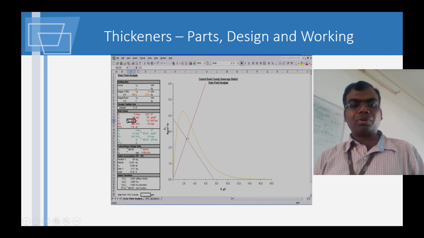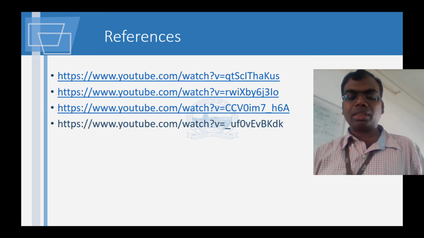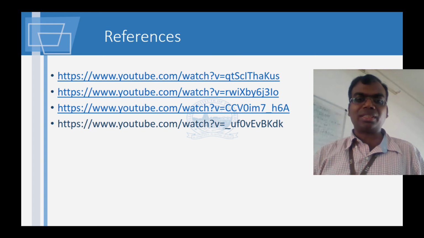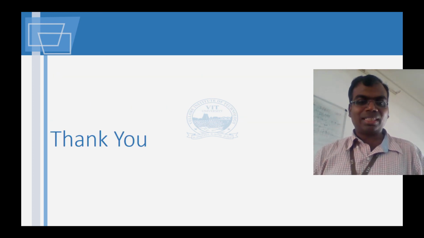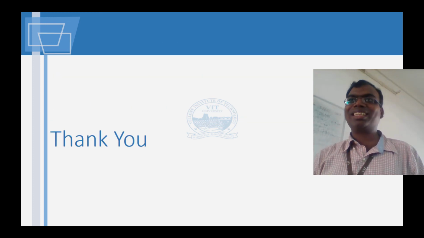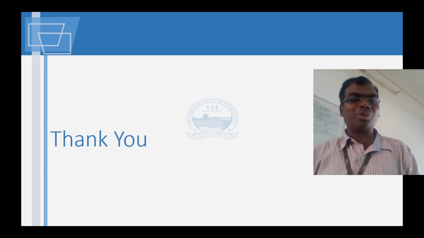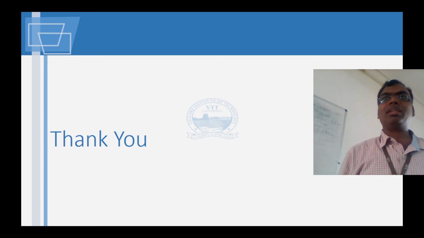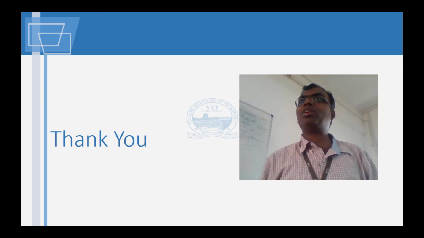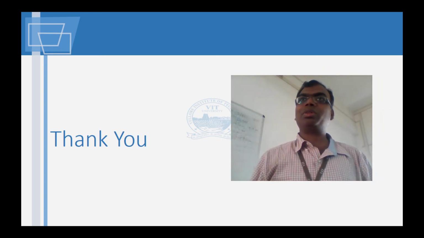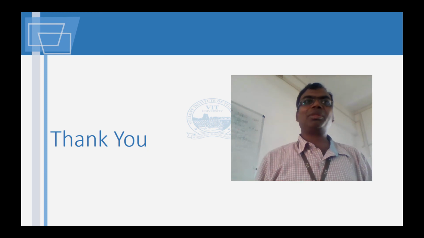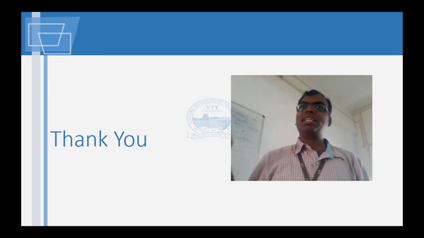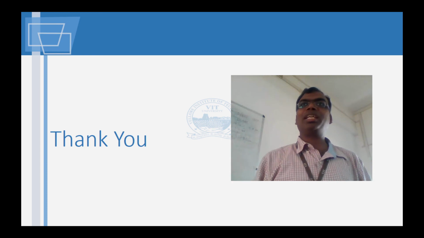Okay. So these are the references which we have got in this particular lecture, and thank you for your patience. I hope you found it useful in the sense that this sort of calculation is going to be done in all the wastewater processes. Any water process you take, they'll have certain parameters which are absolutely binding.